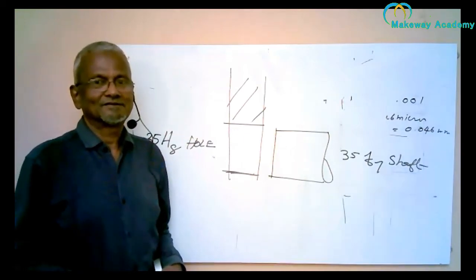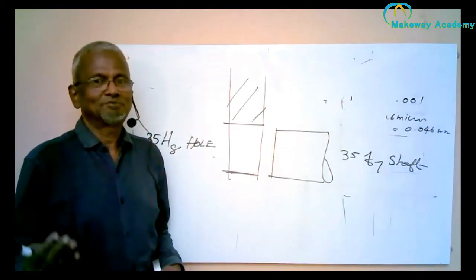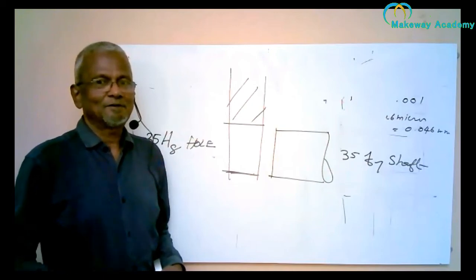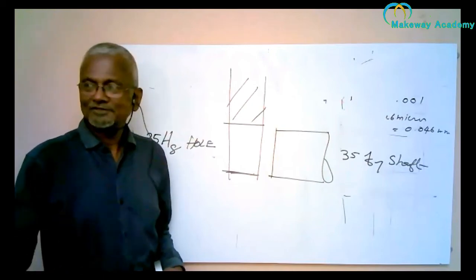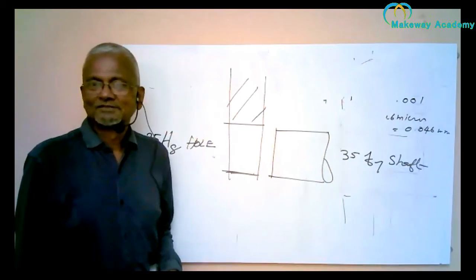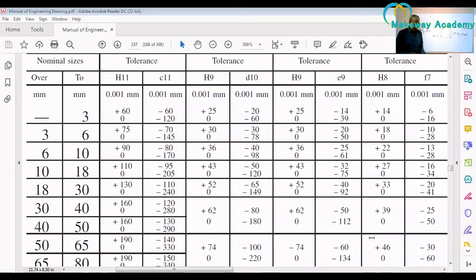What is tolerance? Limit, allowable error. Upper limit, lower limit. Now please project the chart. Can you see that? H8, 35, 30 to 40, H8.